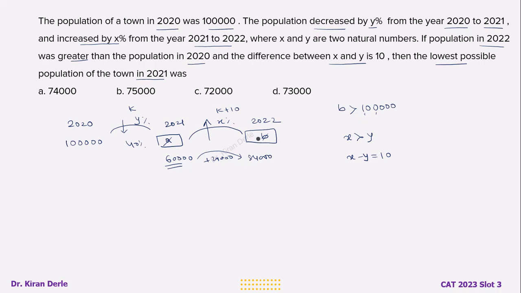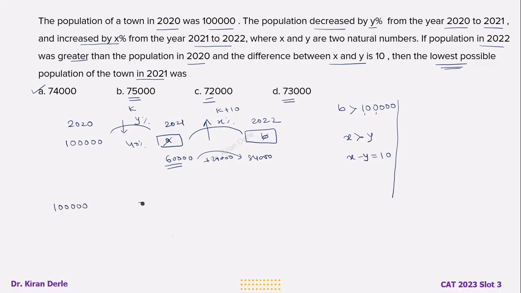Now, I'll prefer to solve this particular question using options. That is the best thing you can do. You have calculators for these questions, so it won't be a big deal. Say, for example, the lowest possible population you took is 74,000. So 1 lakh was the initial value.